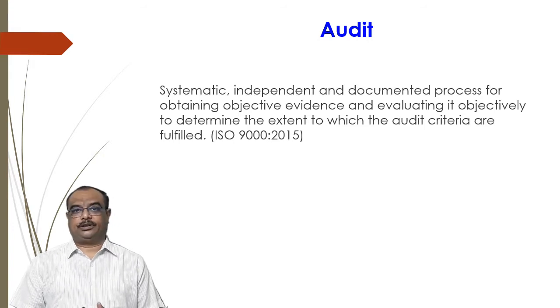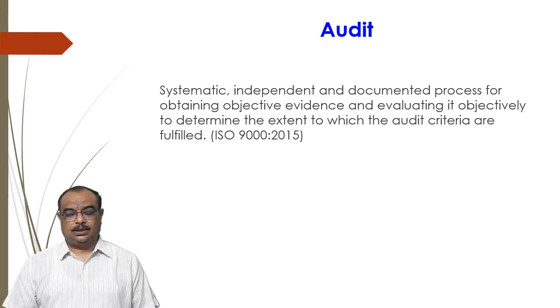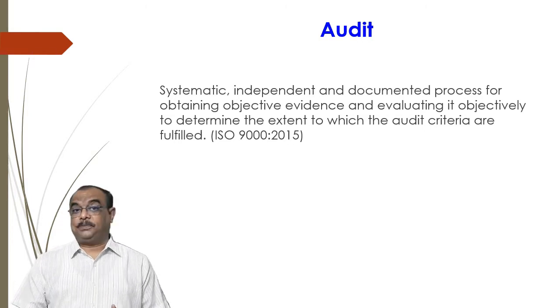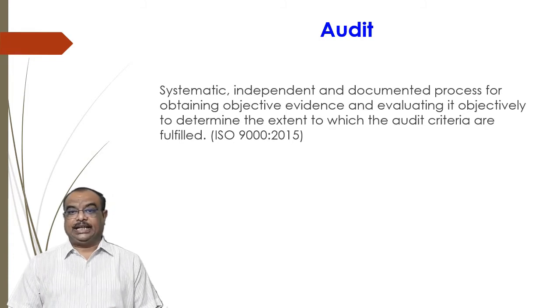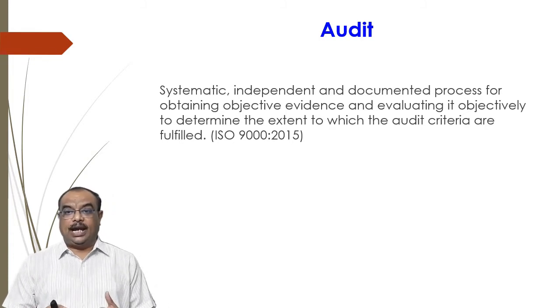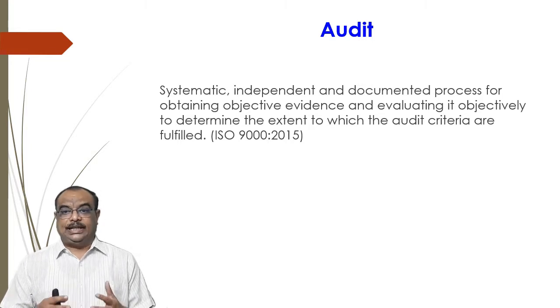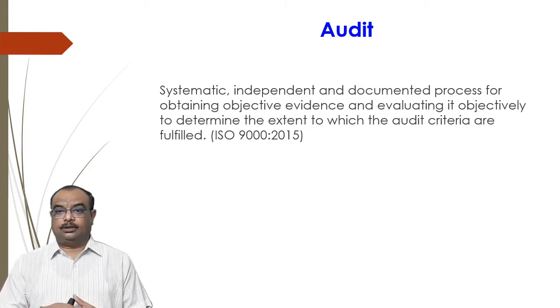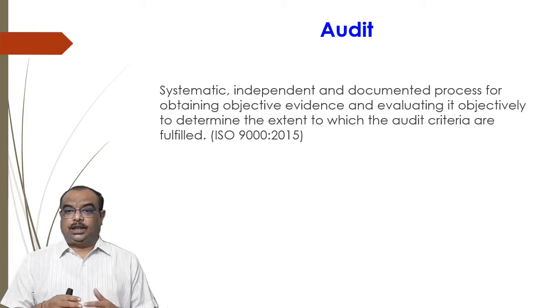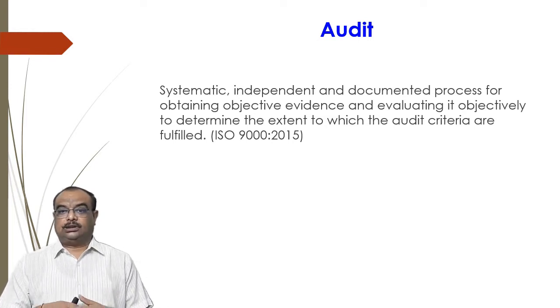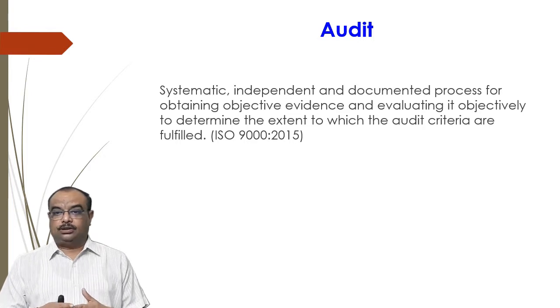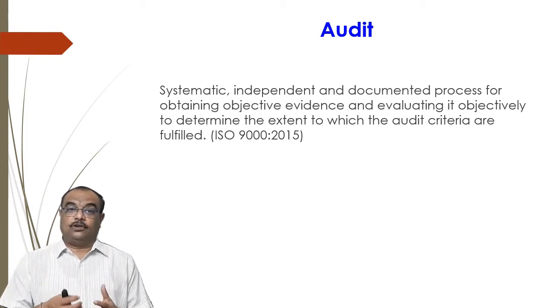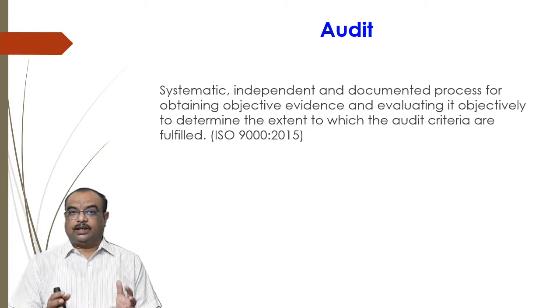They should perform the audit, and contribute to whatever benefit the organization should get from audits. In ISO 9000:2015, the definition of audit is a systematic, independent and documented process for obtaining objective evidence and evaluating it objectively to determine the extent to which the audit criteria are fulfilled.